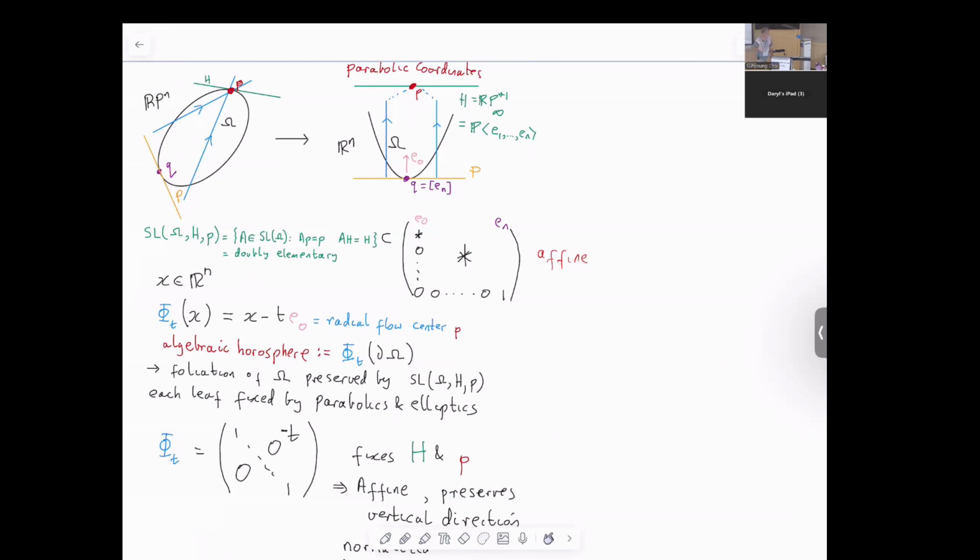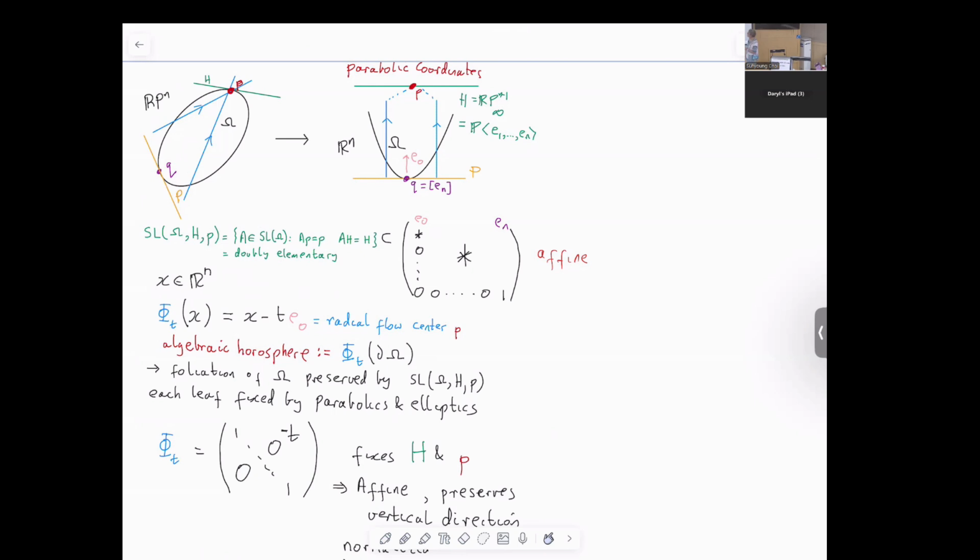If you have projective space and you remove a hyperplane, you can identify what's left with affine space. So I'm going to choose to view this domain in the affine space where I delete this hyperplane. This is called parabolic coordinates. So here I've deleted it, so this is now affine space. This hyperplane is a projective space at infinity.